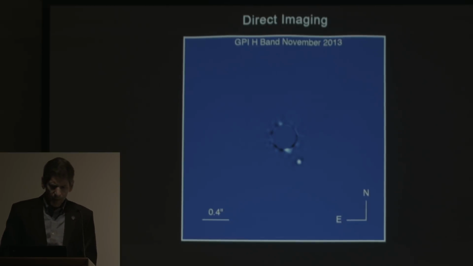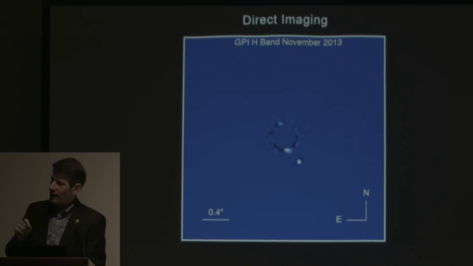The scale of this image is that that's roughly a Jupiter distance if this star was about 10 parsecs away. We obviously would like to look closer into the star and look for much dimmer planets. The contrast ratio between our Sun and our Earth in visible wavelengths is about 10 to the 10th.